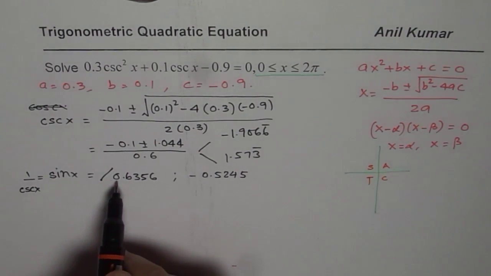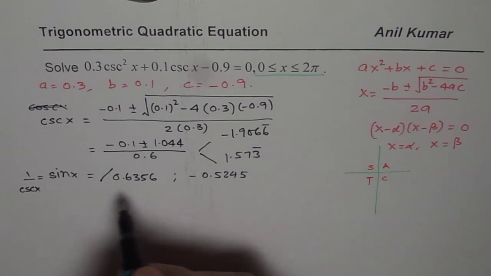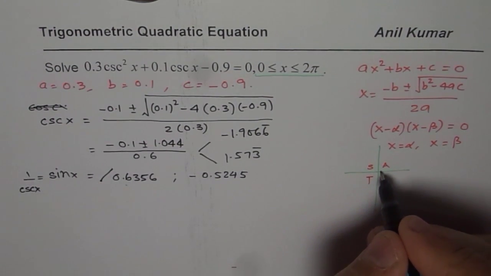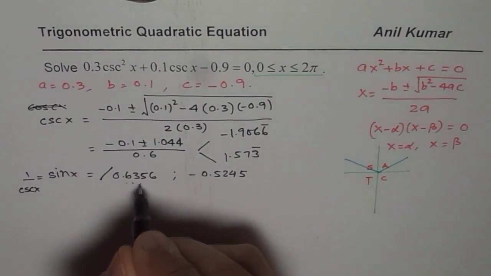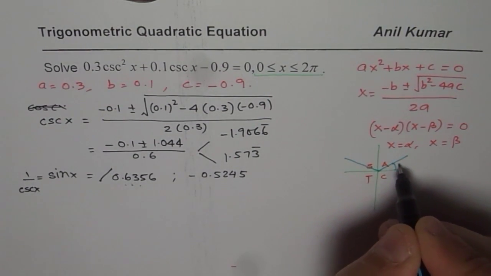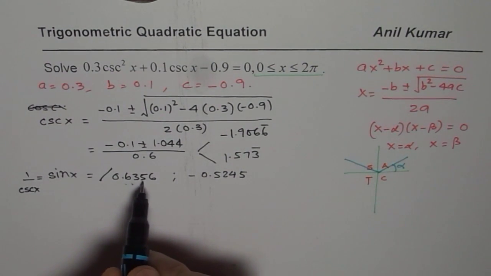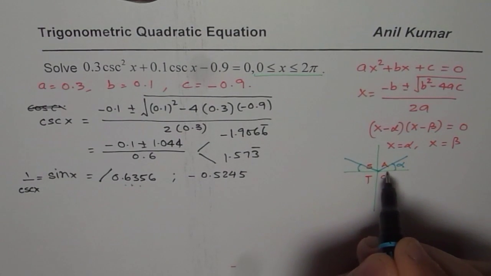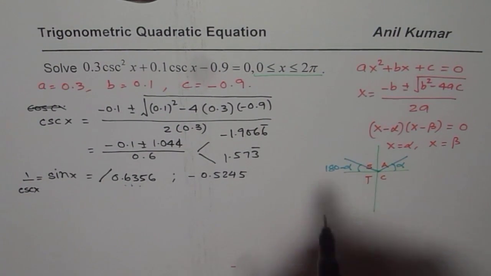When we are looking for the first answer, we should first find the acute angle, correct? Let's call it alpha for the time being, which will be sine inverse of this. And the other solution will be 180 minus alpha, correct? So we get two solutions.